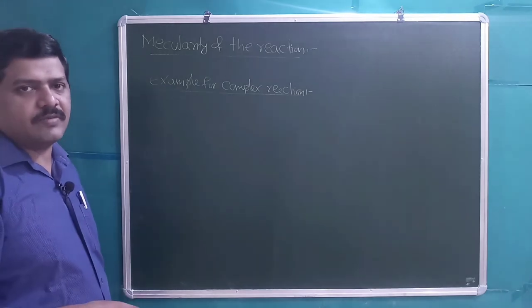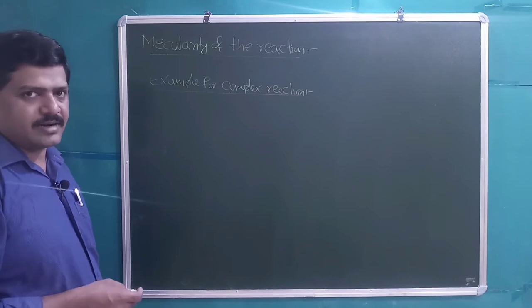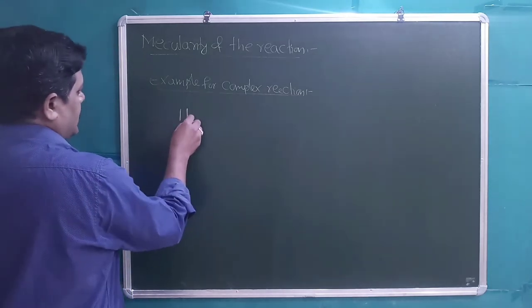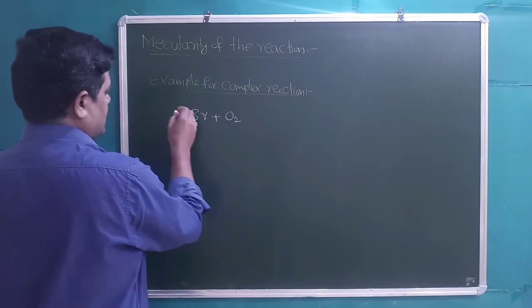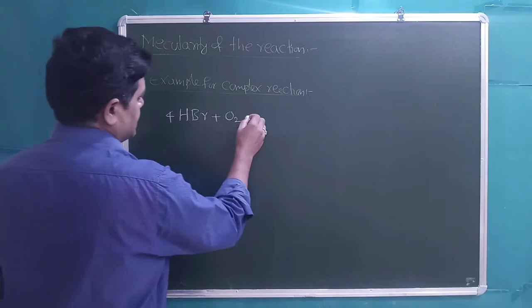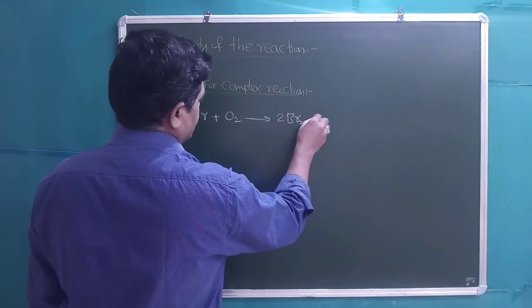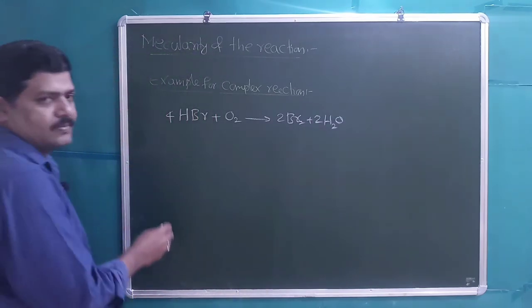The reaction which occurs in more than one step is called a complex reaction. 4HBr plus O2 gives rise to 2Br2 plus 2H2O. It is an example for the complex reaction.